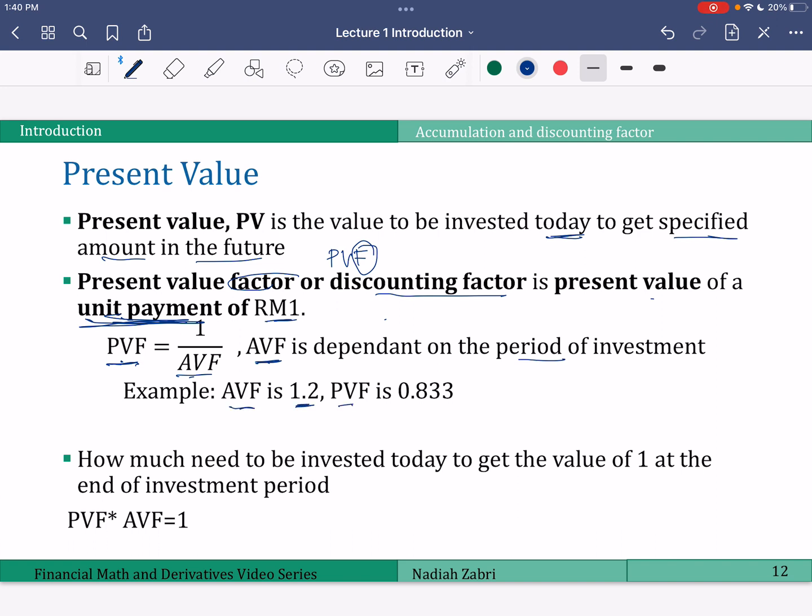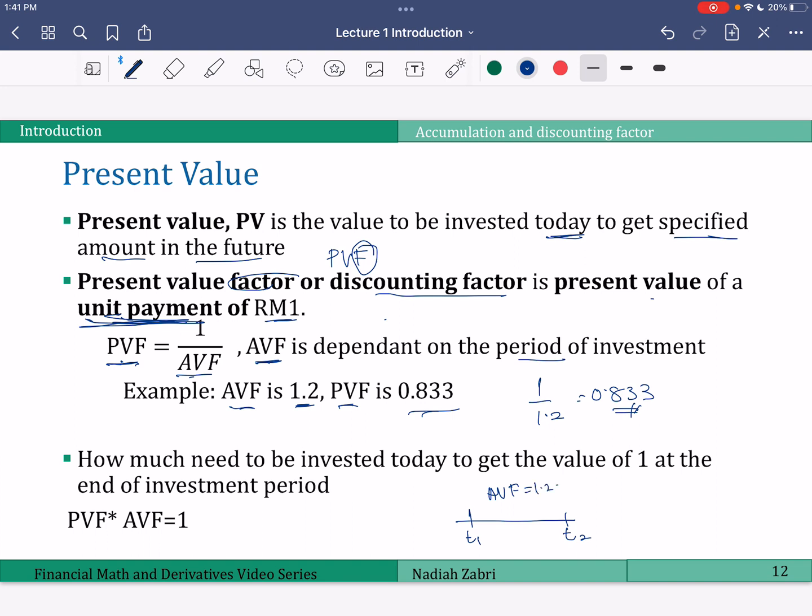So for example, our accumulated value factor is 1.2. Then we know our present value factor is 1 over 1.2, which equals 0.833. So what does this 0.833 mean? It means that to get RM1, this one is the beginning of the investment, this one is the time of the ending of the investment, and we know that the AVF between these two times is 1.2.